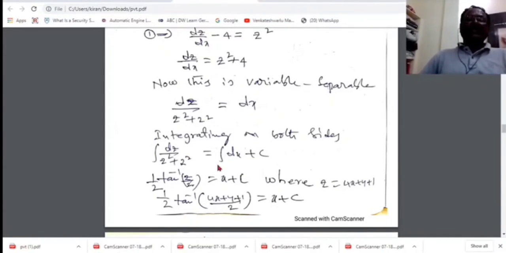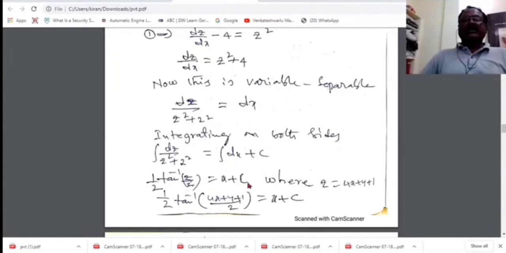Now using the formula, integration of 1 by (x square plus a square) into dx is equal to 1 by a tan inverse x by a. Using that formula, 1 by 2 tan inverse z by 2. Integration of dx means x plus c.